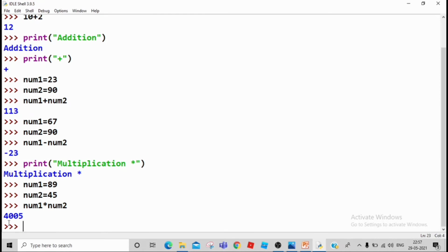So here we go. Our answer comes as 4005. So this is the product of my first number 89 and second number 45. So this is the main motive behind this.